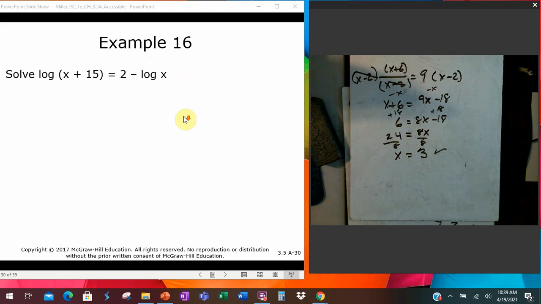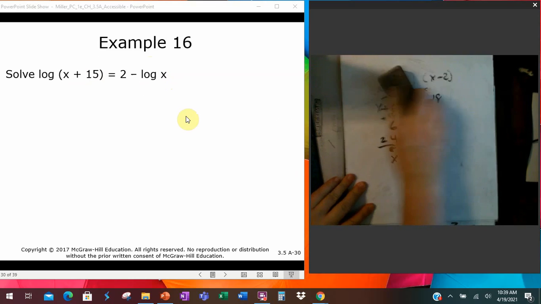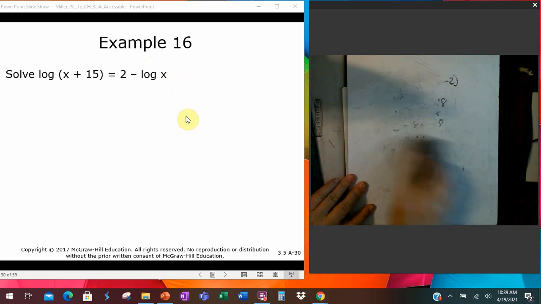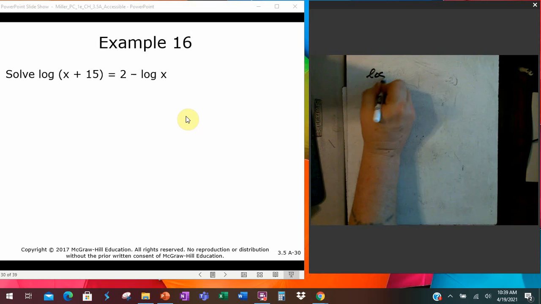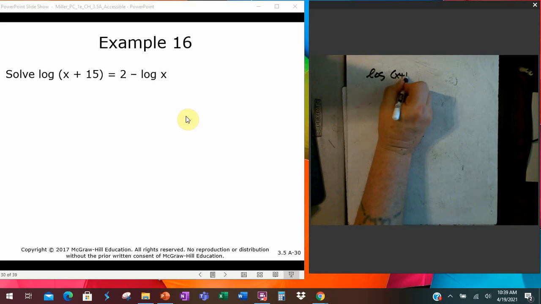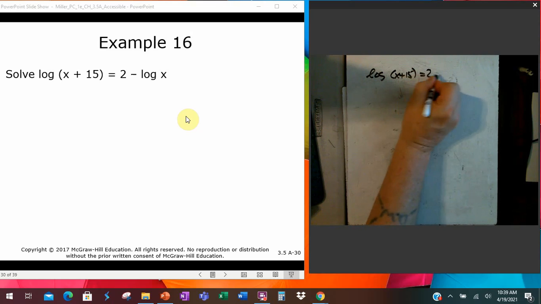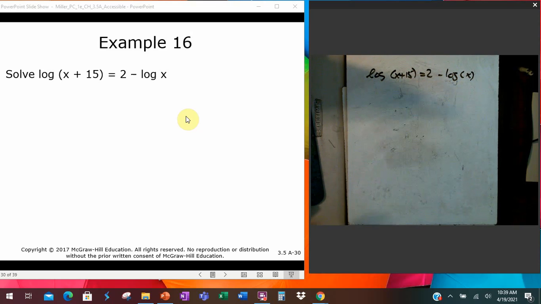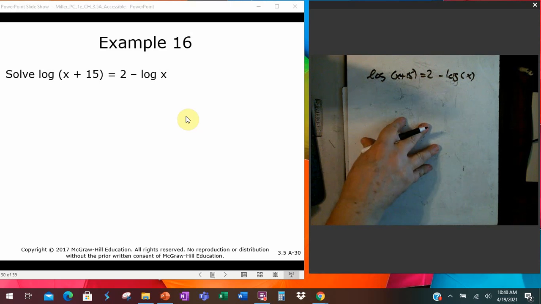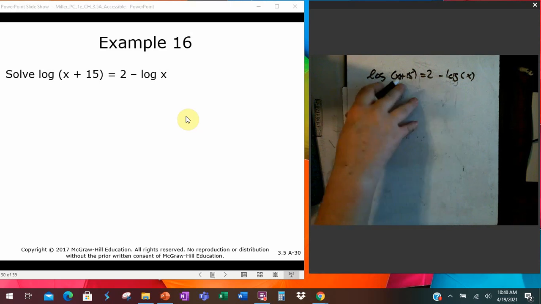Okay, so let's go with a variation on the theme. Log of x plus 15 is equal to minus log of x. Okay, which doesn't fit either one of the forms, but what I'm going to do is get it into that form.